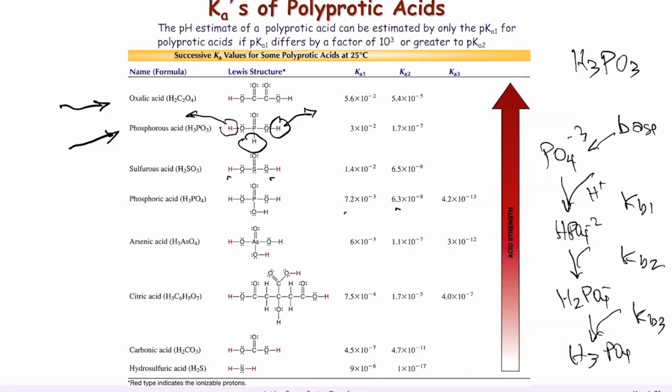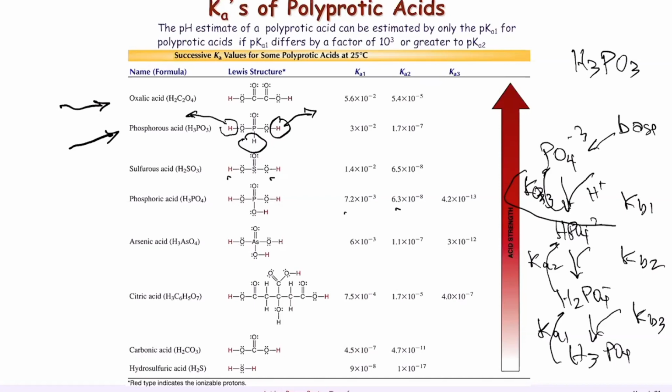If we go in the reverse direction, if phosphoric acid releases its hydrogen, that is Ka1, this is Ka2, and this is Ka3. Okay, so you can see that Kb1, the reverse of that is Ka3, Kb2, the reverse of that is Ka2, and Kb3, the reverse of that is Ka1. Why is that important?